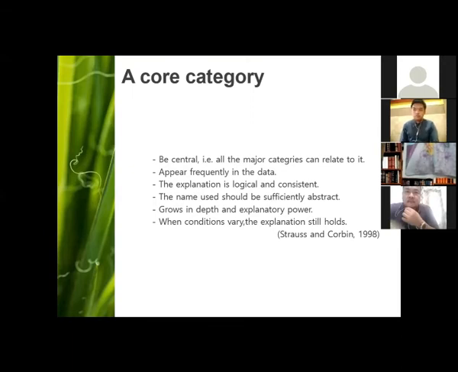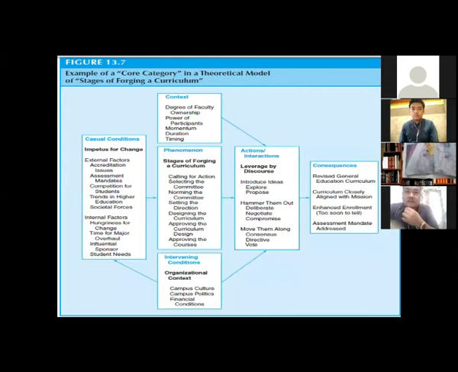Now let's have a look at what is mentioned in figure 13.7 about the core category. An example of a core category in a theoretical model of stages.